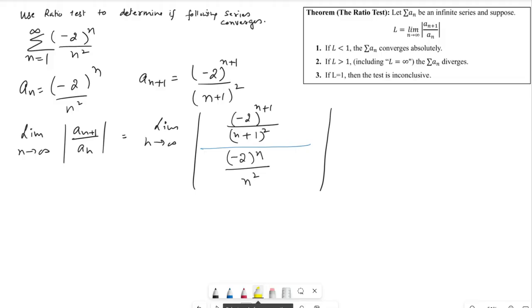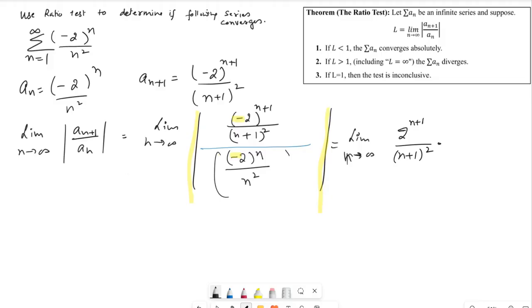Now we notice the terms which are negative are these negative 2s. When you take absolute value, that negative is going to go away. So I'm going to write it one more time: 2^(n+1) divided by (n plus 1) whole squared. I made it 2. Why? Because the negative is gone because of absolute value.